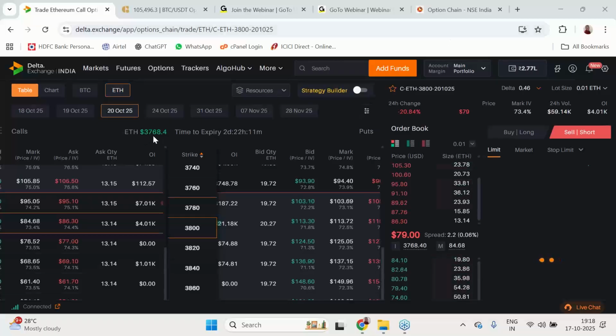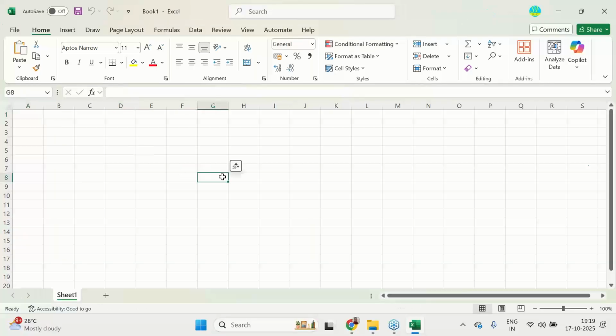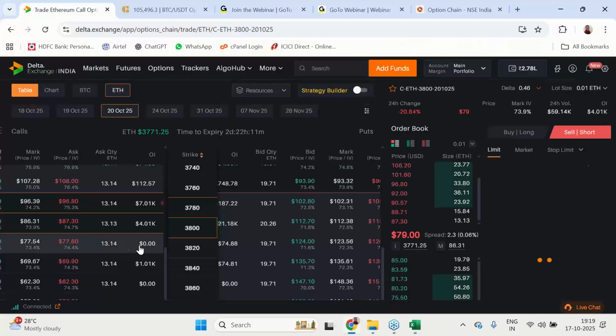If you are seeing 3700 and you are seeing 74 as the annual IV, how will you calculate a projection? IV is 74, average 74, 73. Do not stick to a 1 or 2 point difference. The put side is 72, 74.